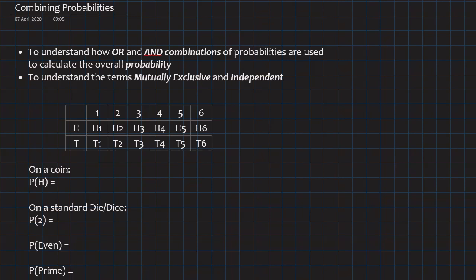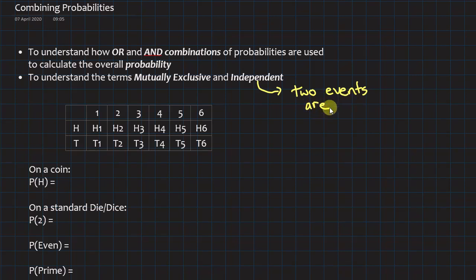that are not linked. So independent for a probability statement means that the two events, like flipping a coin and rolling a dice, are not connected in any way. If I get heads on the coin, it doesn't affect the chances of me getting a number on the dice in any form.